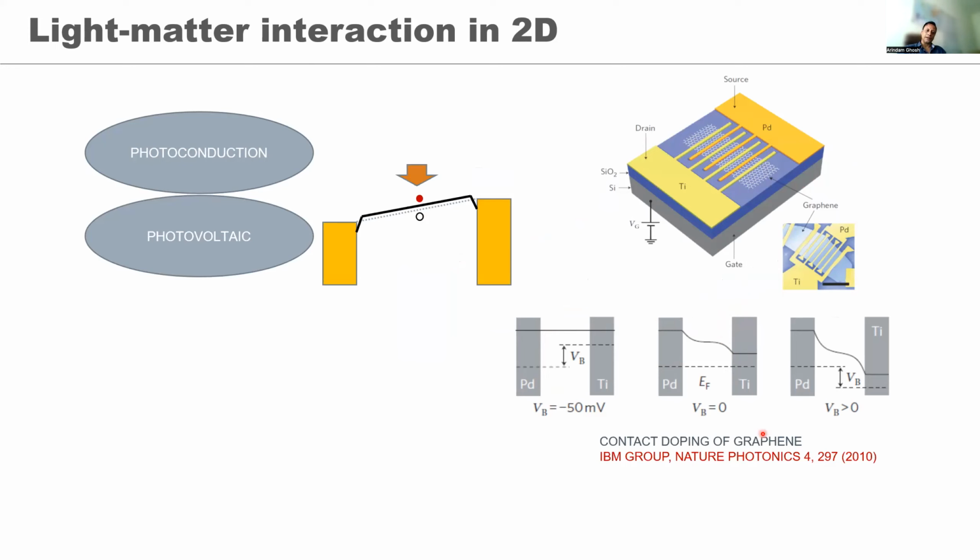This was a work from the IBM Yorktown group, in which, because of the work function difference between two metals, there is an inbuilt electric field. Now when I create an electron-hole pair, because of this electric field, the electron-hole pair immediately gets separated. And this is called the photovoltaic mechanism. In most cases, the photovoltaic and photoconduction mechanisms are somewhat difficult to isolate or separate, but in certain engineered cases, you can, like this.